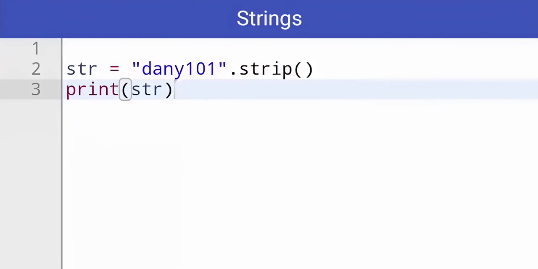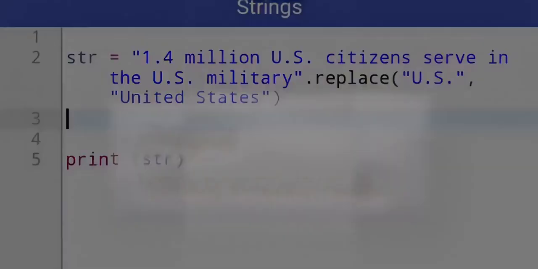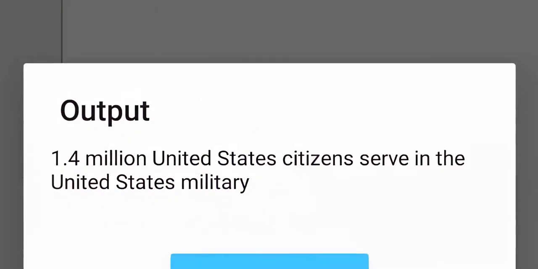Let me show you another string method, and this method is the replace method. One way we can use the replace method on this string is to remove all the abbreviations. Let's say we wanted to convert all the instances of US into the full text, which is United States. If I run my code, you can see that all the instances of US in our string are converted to United States.